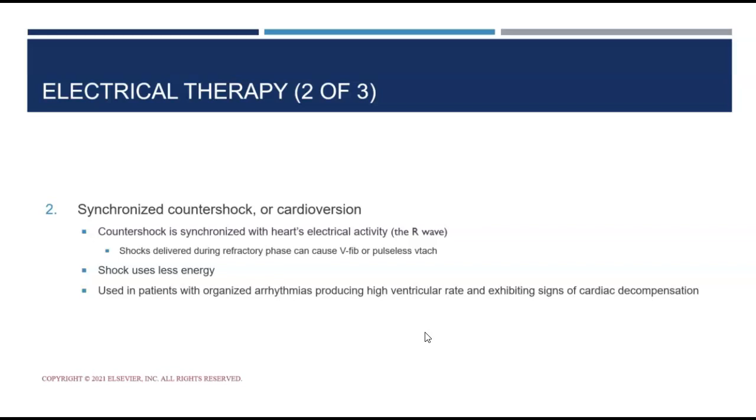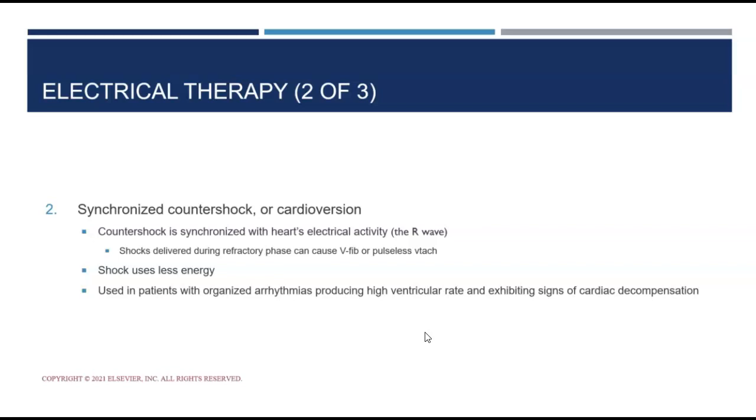And why that's important is because if you deliver the shock to a patient who has a pulse during that repolarization phase, the T wave phase of the electrical activity in the heart, you can stop the heart and then make them go into VFib. So you don't want to do that. You want to make sure you're synchronizing it with the R wave.